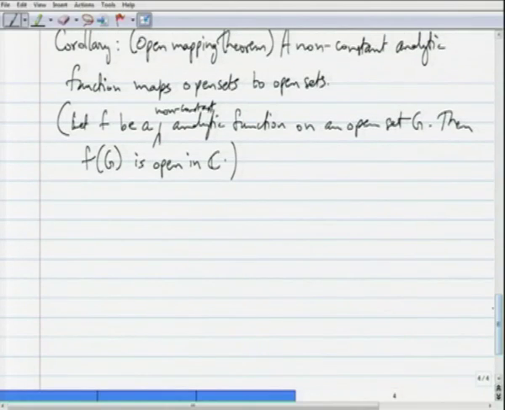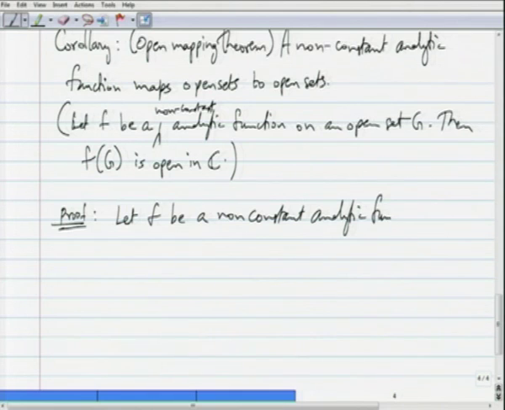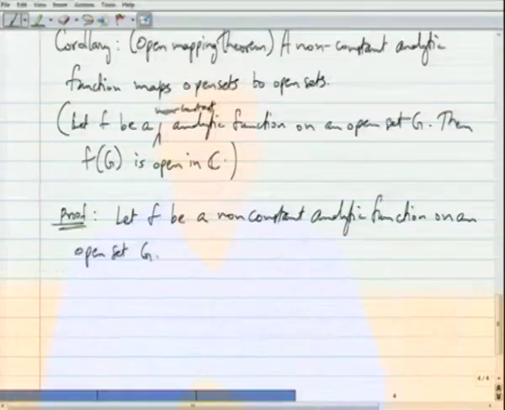All right. So, what is the proof? Well, the proof follows from the theorem above. Okay. So, what do we need to show? Let f be a non-constant analytic function on an open set G. We have to show that f of G is open, f of capital G is open. Okay.